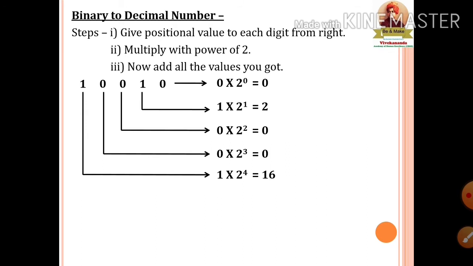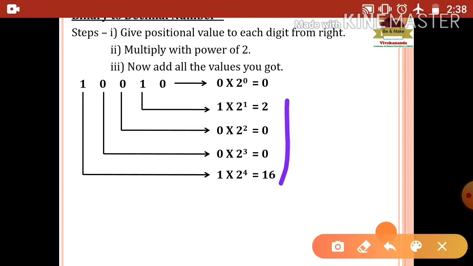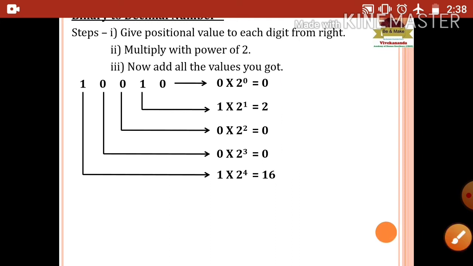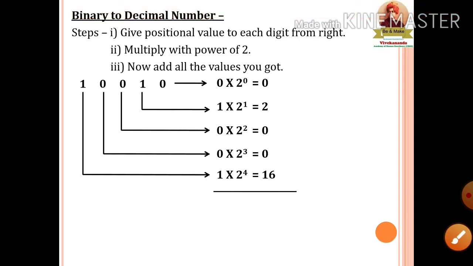And the last digit is 1. 1 into 2 raised to 4: 2 raised to 4 has the value 16, multiplying 2 four times. 16 into 1 gives the value 16. Now we are going to add all these numbers and we get the result as 18. 16 plus 2 is 18.